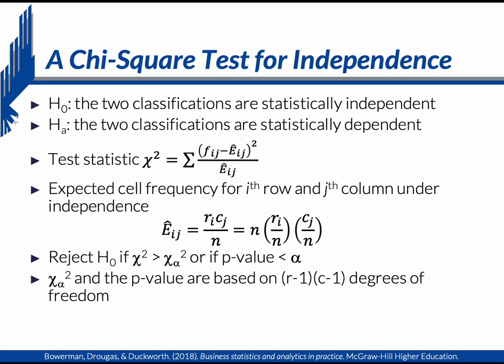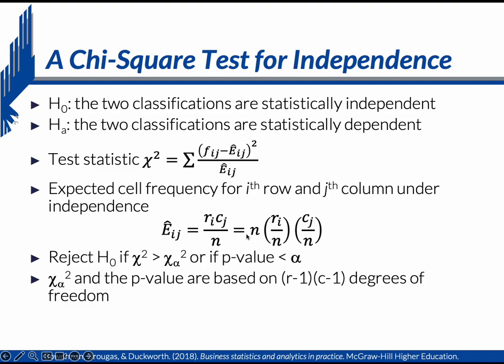Now, to compute the expected frequency for every intersection, we have this formula. That's the total of the row times the total of the column, divided by the total sample size.